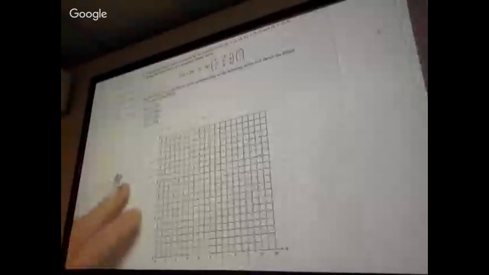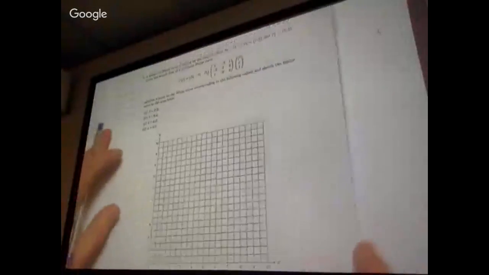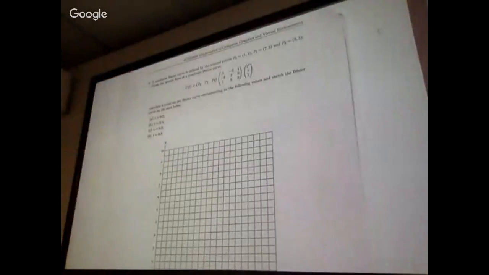We're going to calculate a quadratic Bezier using that matrix equation. A quadratic Bezier curve is defined by 3 control points. I've given you the 2D coordinates of those 3 control points. Calculate a point of the Bezier curve corresponding to the following values.